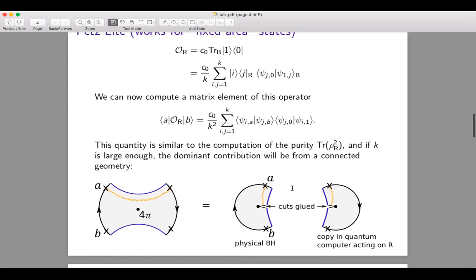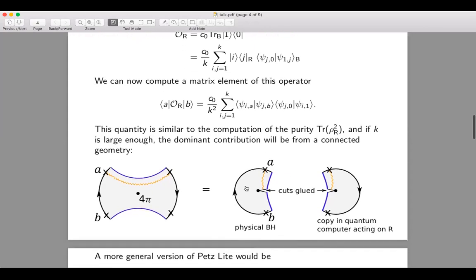Okay, so I don't know if that was clear at all, but the geometry at the right here, after gluing these two cuts together, becomes the geometry at the left with a conical singularity in the center with angle 4 pi. And this is the geometry that dominates the computation of this product of matrix elements.